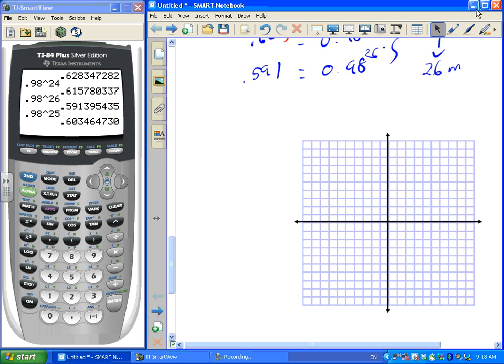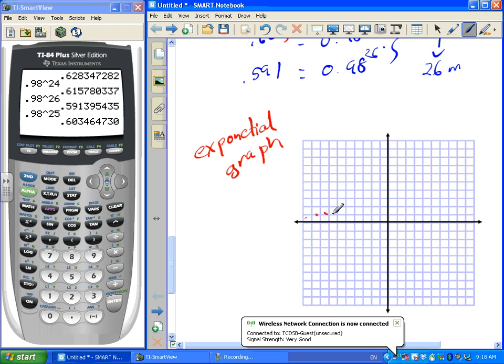So, gentlemen, I just want to get this through your heads. Exponential. We know our exponential graphs and our decay graphs, where their y-axis is going to be. Anyone remember? Never mind, I'll just teach it.